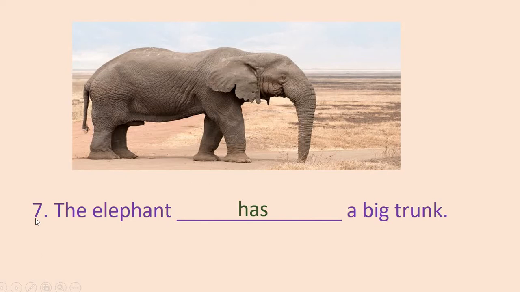Children, see this. Number 7. The elephant has a big trunk. The elephant has a big trunk. Do you remember this? Yes. One thing or one animal, it will come. Okay? Have you understood?